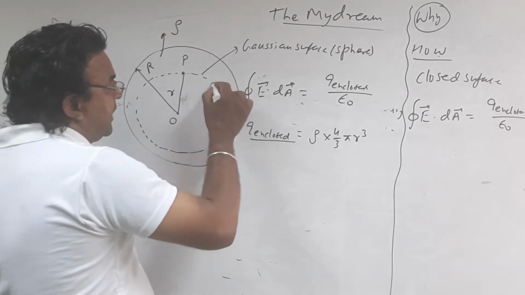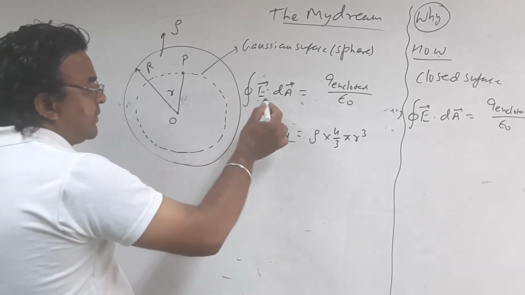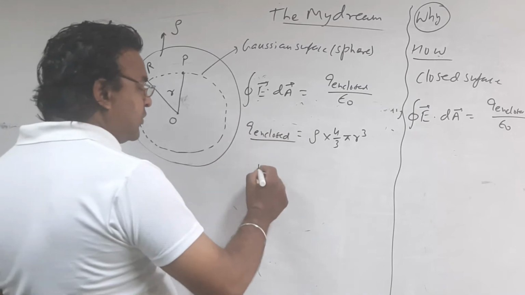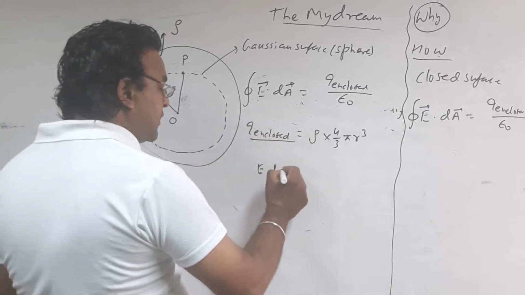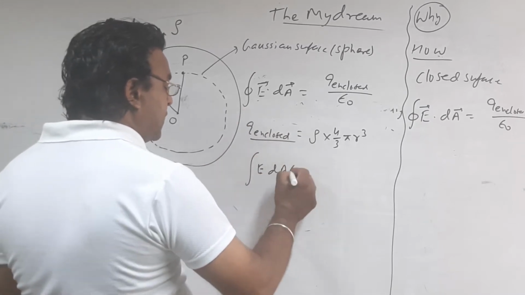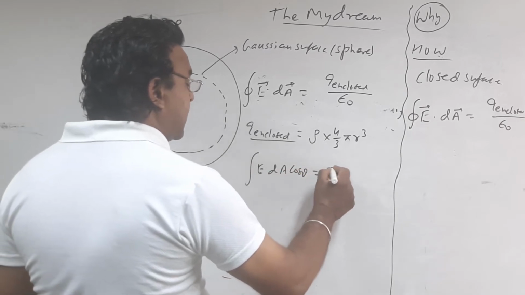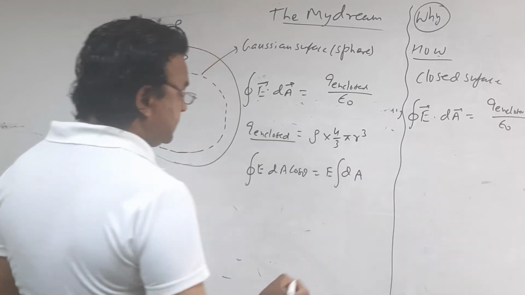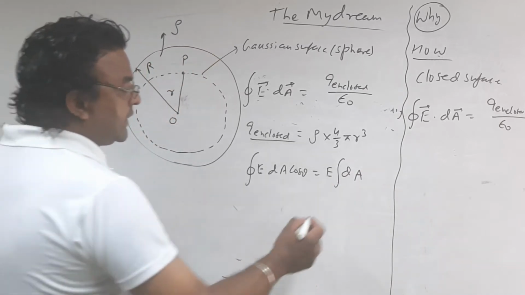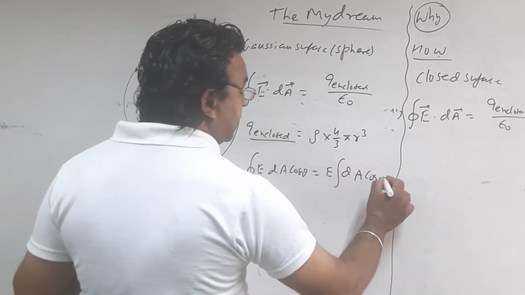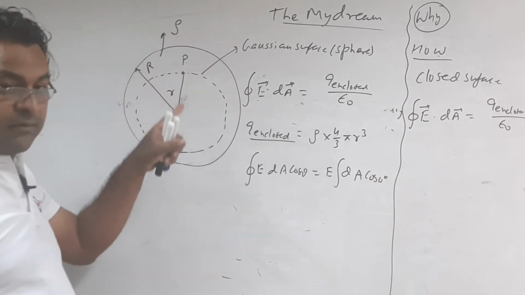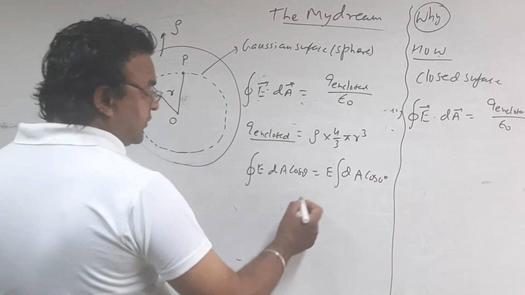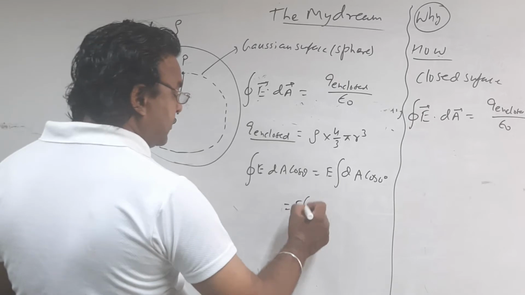At each and every point the electric field must be same. So E dot dA becomes E dA cos theta, and theta at each point is 0, and E is a constant, so I take E outside.